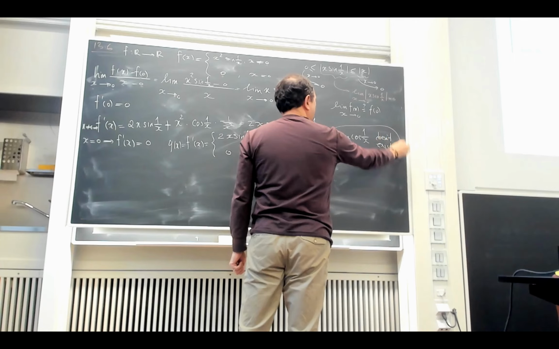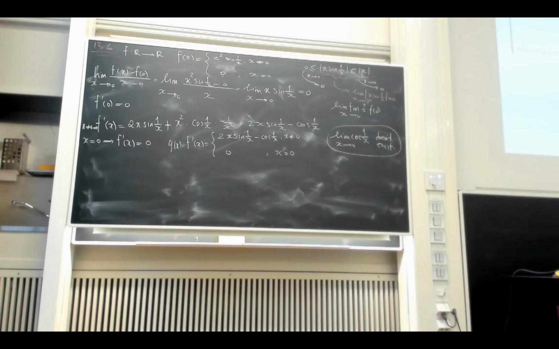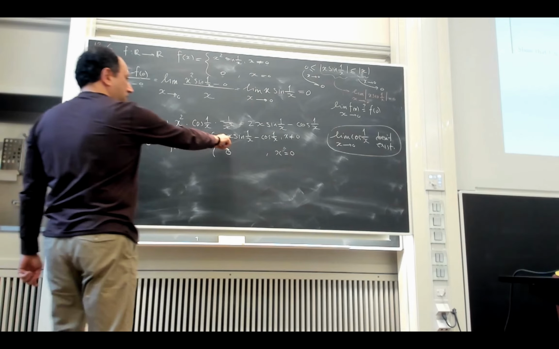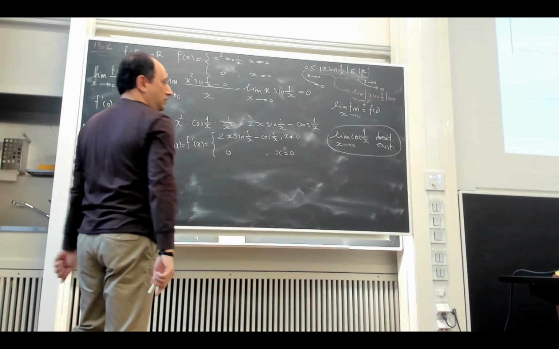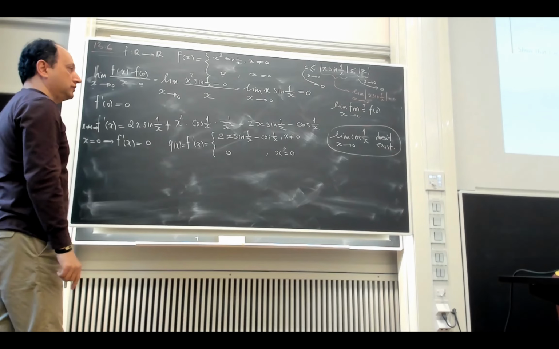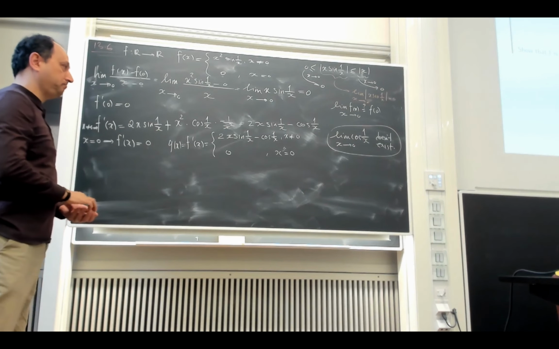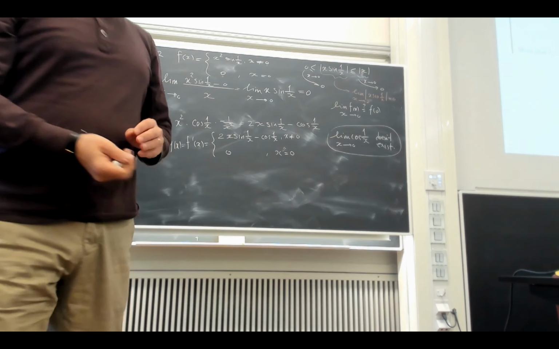In calculus, you just say that this limit does not exist. Even in that case, it was not very convincing, but anyway. Because of that, this one is 0, this one does not exist, so the limit of this difference does not exist. And when the limit does not exist, it means that the function is not continuous at that point at least. So the function is not continuous. Any questions?